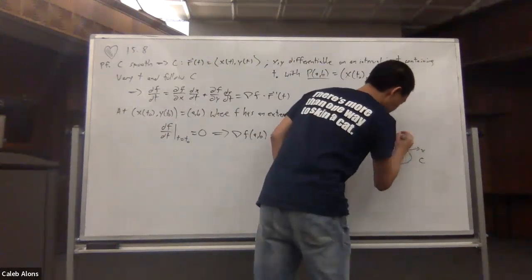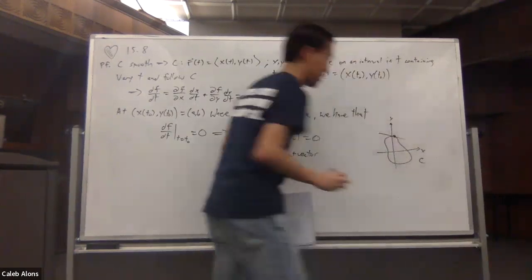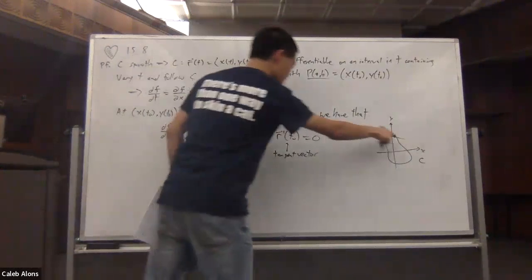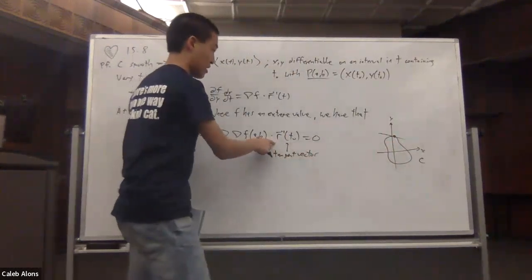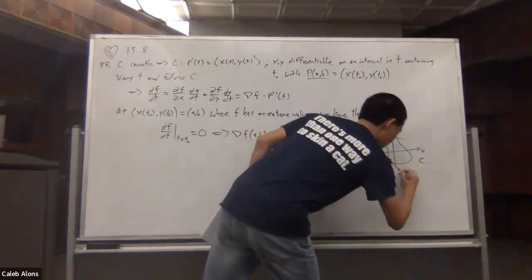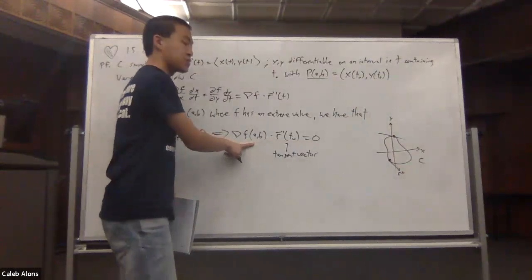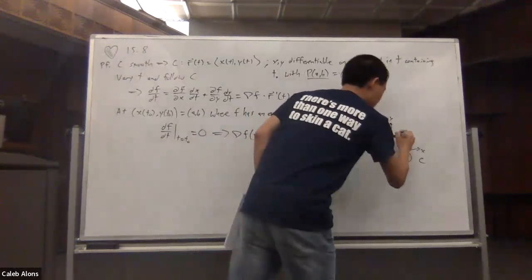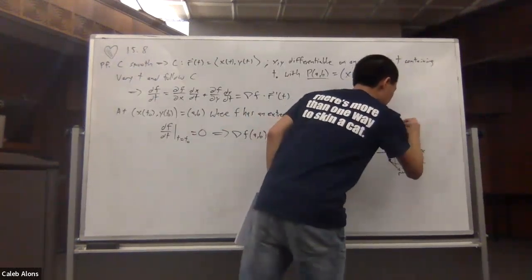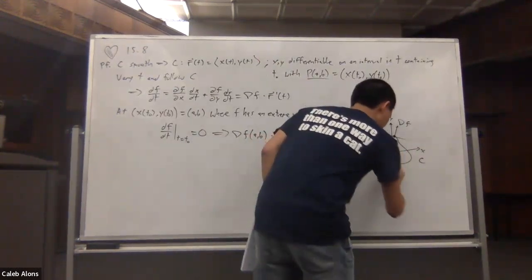Right here, the slope at this instant is like that. And that slope, that tangent vector r prime, is what the gradient is orthogonal to. This will be the gradient.